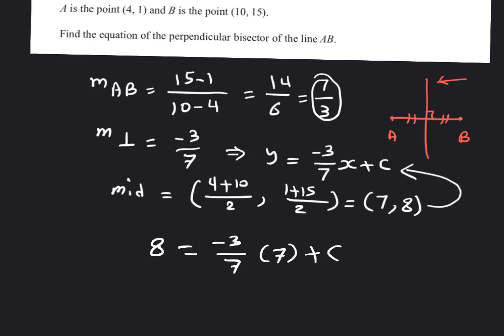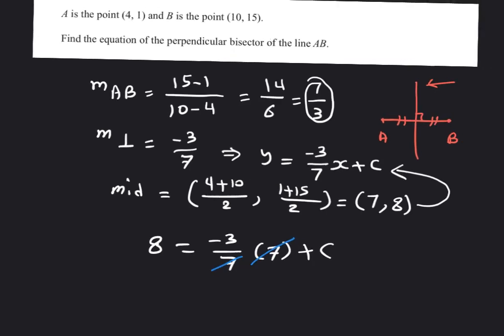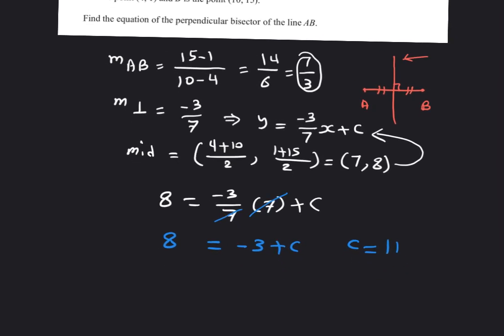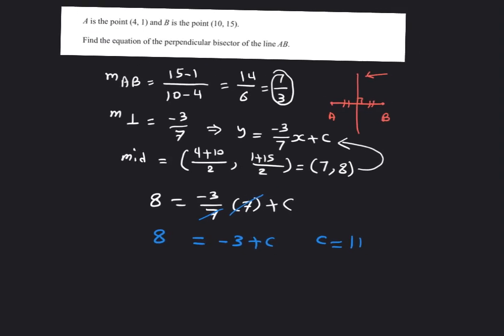The 7 cancels, so 8 equals negative 3 plus c. So c equals 11. So the equation for the line now is y equals negative 3 over 7 x plus 11.